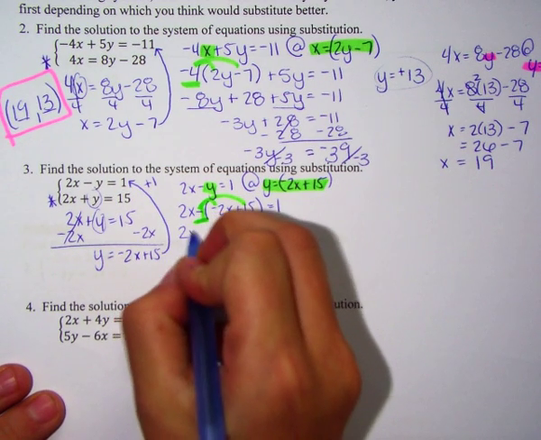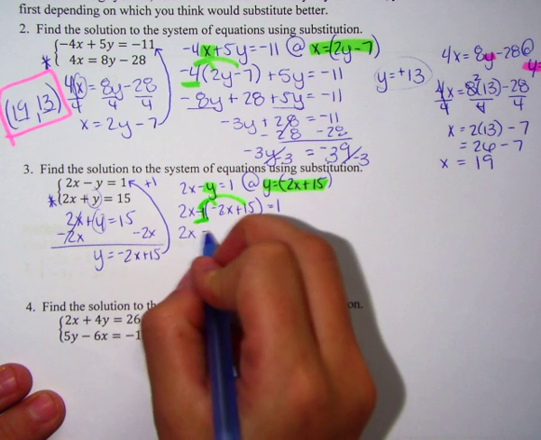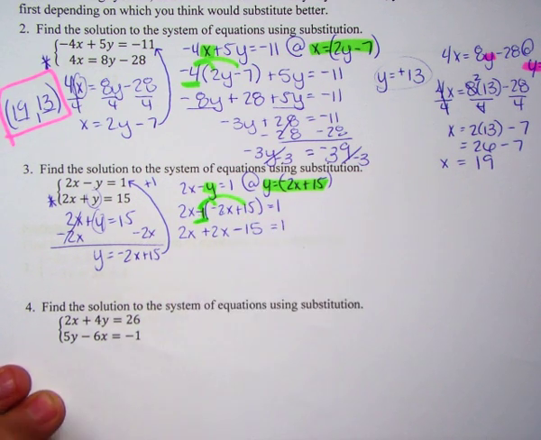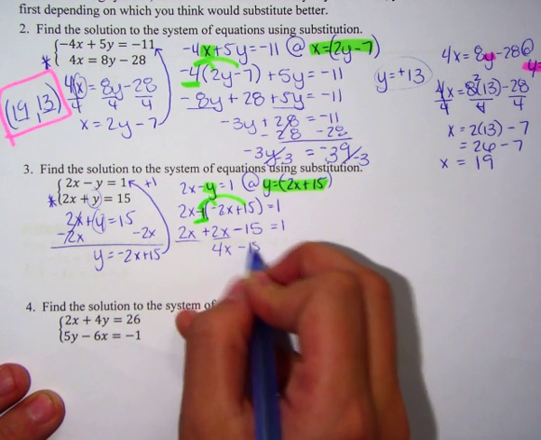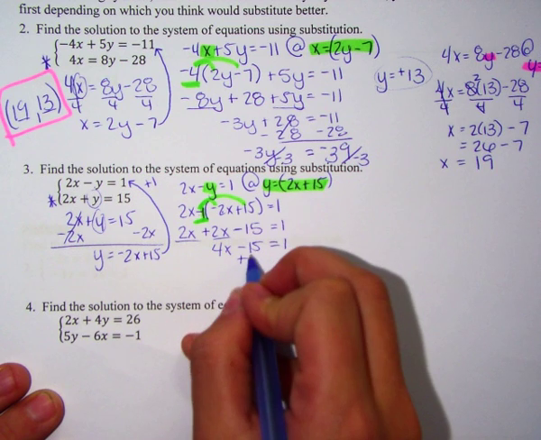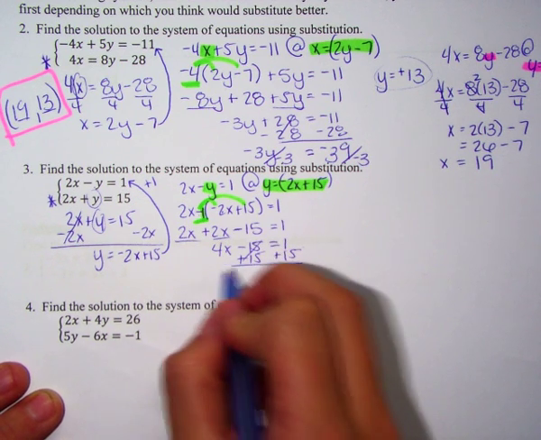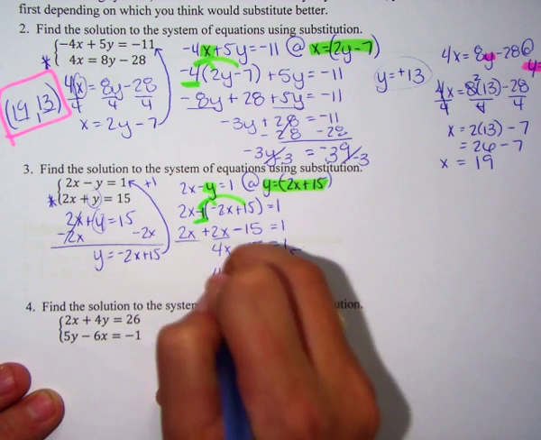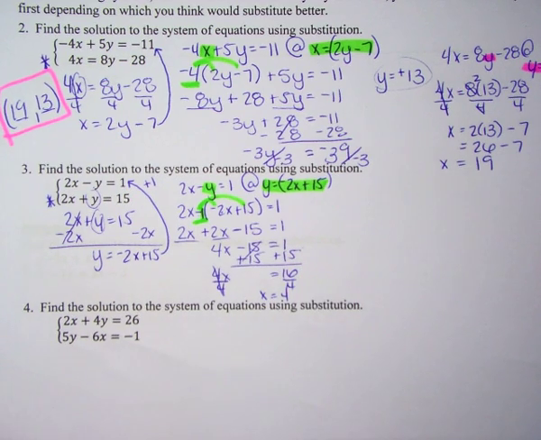This becomes 2x. Negative 1 times negative 2x is a positive 2x. Minus 15 equals 1. Combine like terms. Add 15 to both sides to isolate our variable. Divide both sides by 4. And you get x to equal 4.